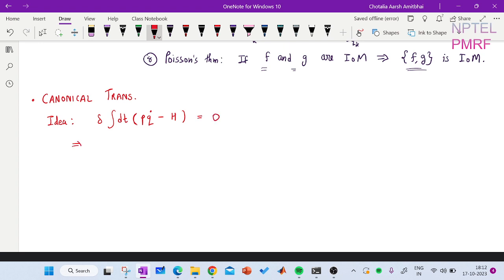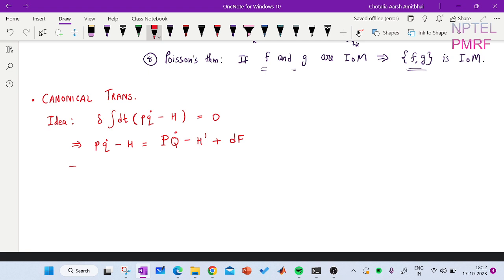What this means is that if we have p q dot minus H, and if we have another set of variables, capital P, capital Q, and H prime, they can at most differ by some total derivative, right? Why? Because boundary points are fixed in our formulation.